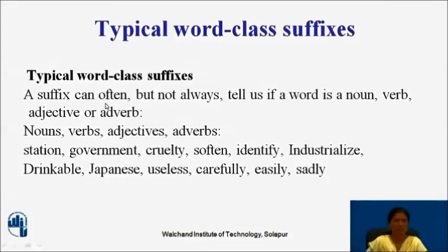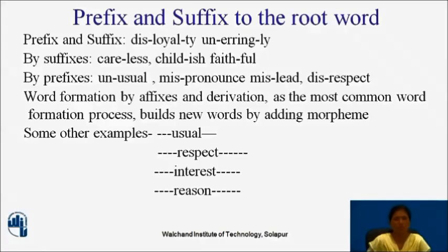Typical word class: a suffix can often, but not always, tell us if a word is a noun, verb, adjective or adverb. Station means it is mixed, that is typical. Station, state; government, govern; cruel, cruelty. Prefixes and suffixes on the root word: dis and ly are the prefix and suffix.